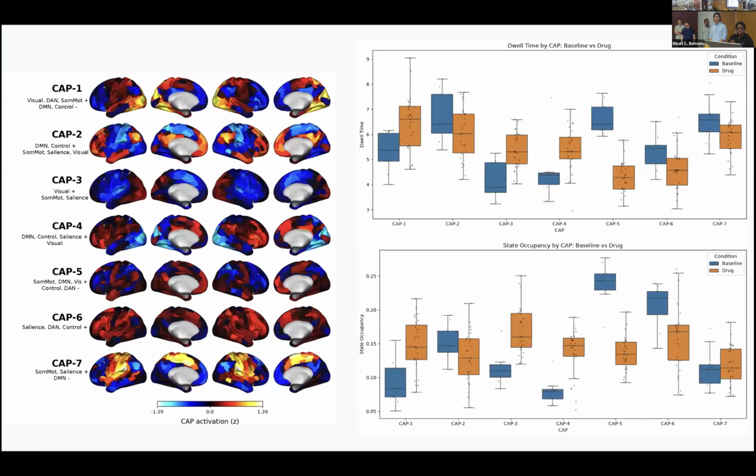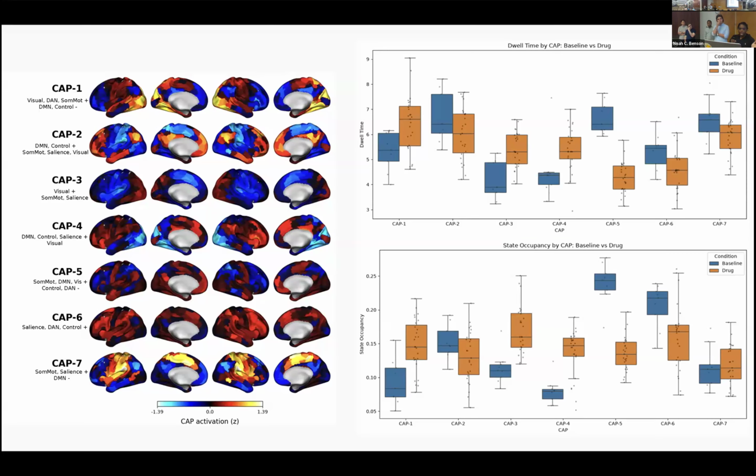So this is what those 7 states look like. You can see some anti-correlated patterns, like for instance, CAP 1 and then CAP 2. Since these are just cluster centroids, you can project them back onto a surface plot. Another thing you can do is take the atlas, binarize it into a 1D version, and then take a cosine similarity to start labeling your CAPs.